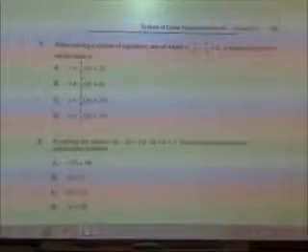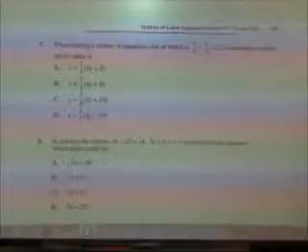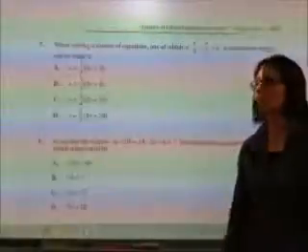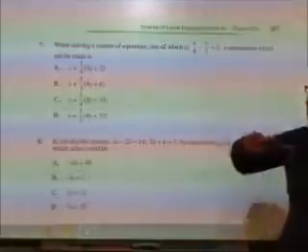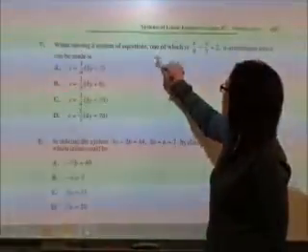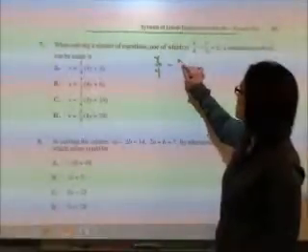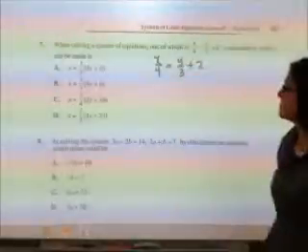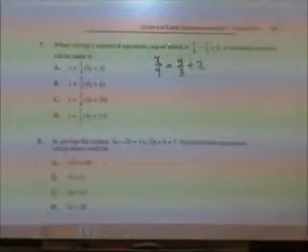Question number 7. When solving a system of equations, one of which is x over 4 minus y over 3 equals 2, a substitution that can be made. So a substitution that can be made, they have x by itself. So I would have to move the y to the other side. And then how do I get rid of this 4?